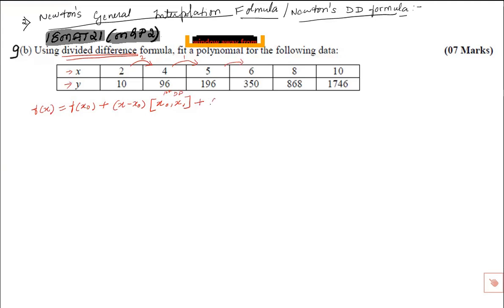Similarly, plus x minus x naught into x minus x1 times the second divided difference in terms of x naught, x1 and x2. And for the third term, x minus x naught, x minus x1, x minus x2 times the third divided difference, in terms of x naught, x1, x2 and x3. And so on.